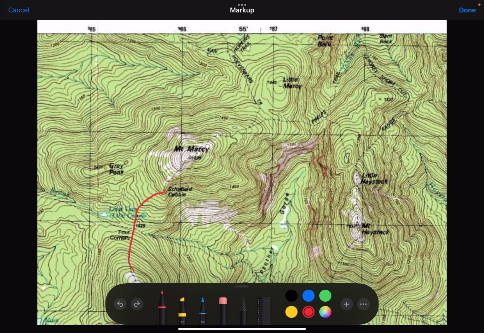Notice the trail follows along the path here, and it cuts through these wider contours, all the way through here. It cuts through the widest parts of the contours. Same thing with this mountain over here. It seems very, very steep, because these contours are so tightly grouped together on both sides. Here, it gets a little flatter at the top when you reach the peak, but not a lot.